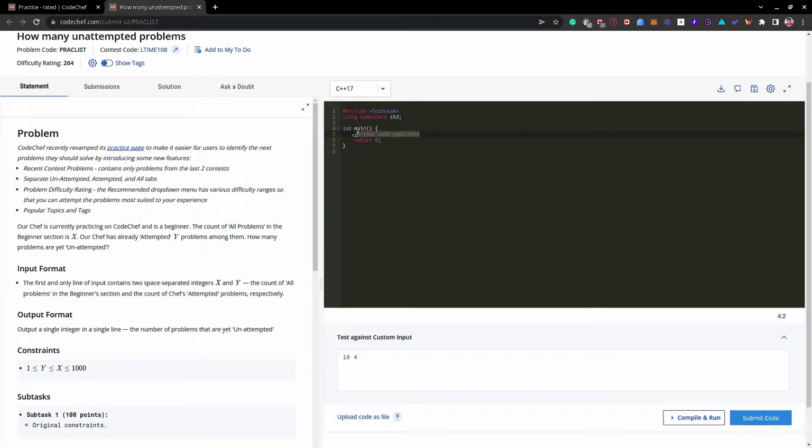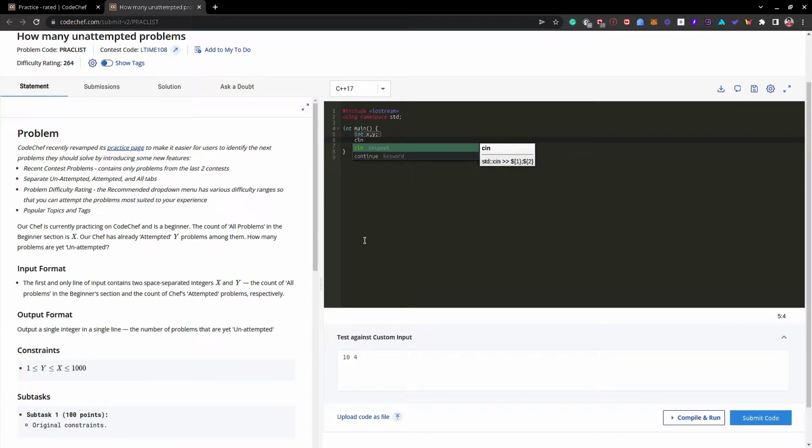I just have to remove the line first. Yeah, so just take the input. I have to write it again. Just wait for a second. Two things I will be assigning as integers.